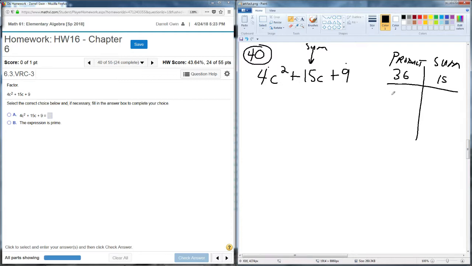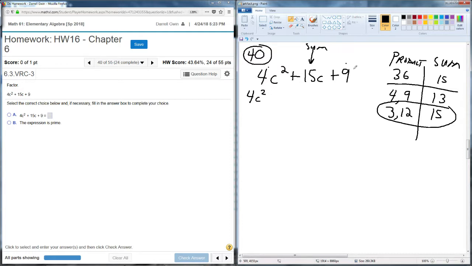Well, it's not 1 times 36, but it's probably 4 times 9. 4 times 9 is 36, and wait, no, it doesn't add up to 15. It's 13. Didn't get it. Let's try a lower one. 3 times 12. 3 times 12 is 36, and adds up to 15. Took me 2 tries. Alright, so it is 3 and 12.